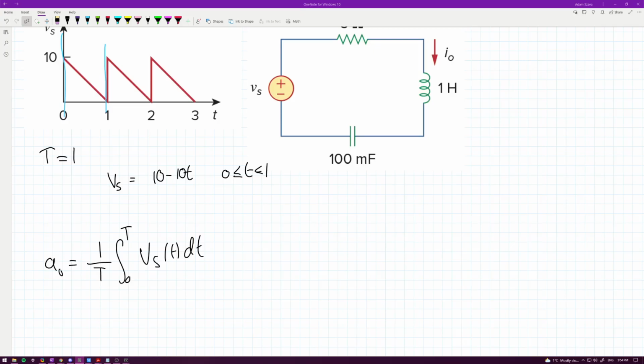So for a of zero, it's just going to be 1 over T integral from 0 to T of Vs t dt, and then for an it would be 2 over T, integral 0 to T of Vs t cos whatever dt. It would be 2 over T for an. Yeah, for an.